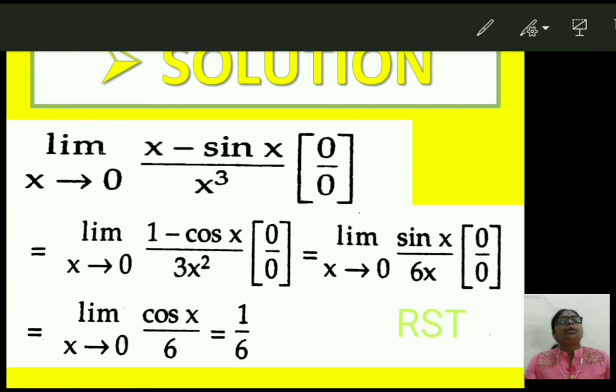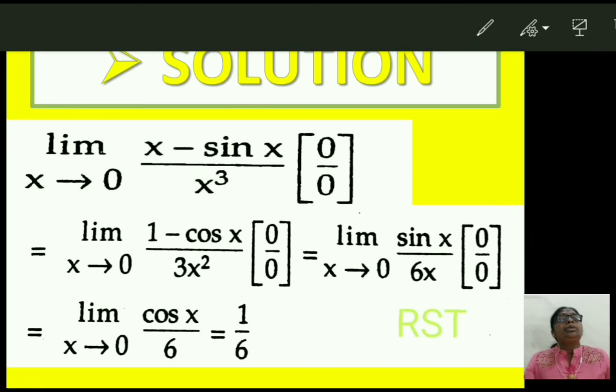If we put x equal to 0, then we get sin 0 is 0 and 6 into 0 is 0. So again here we get 0 by 0 form.